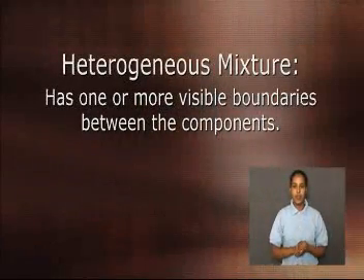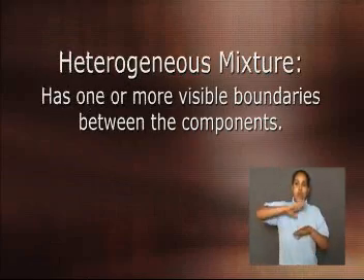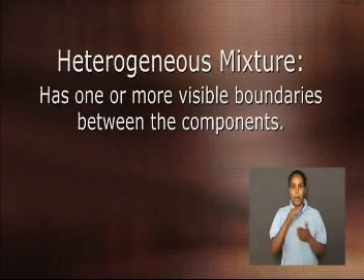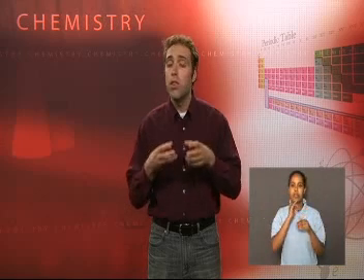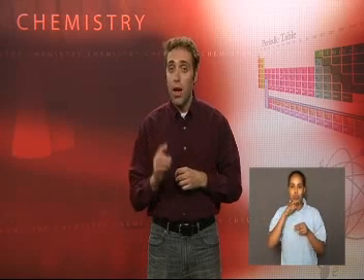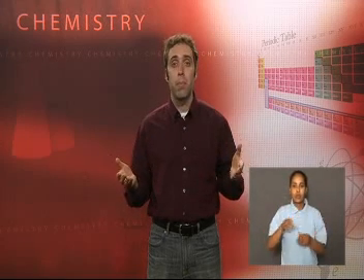A heterogeneous mixture has one or more visible boundaries between the components. The substance present in smaller amount is called the solute, and the other substance that exists in the larger amount is called the solvent.